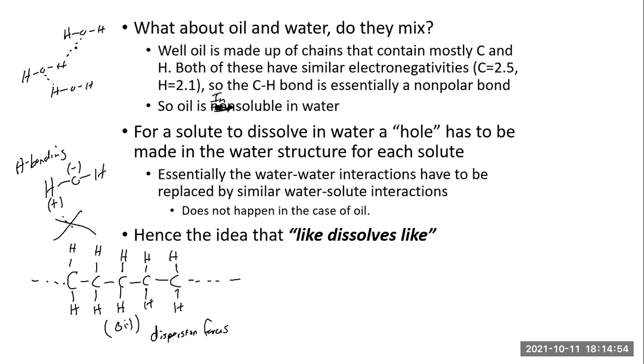So in order for something to come in, it's got to break these bonds and replace them with similar bonds. And that really doesn't happen in the case of water because it's so large. It's not really using the same type of bonding. And that brings up an idea of what is known as like dissolves like.